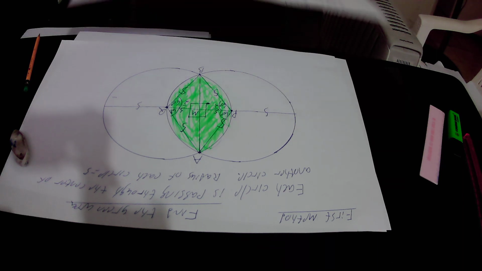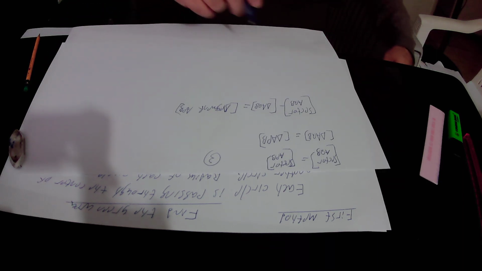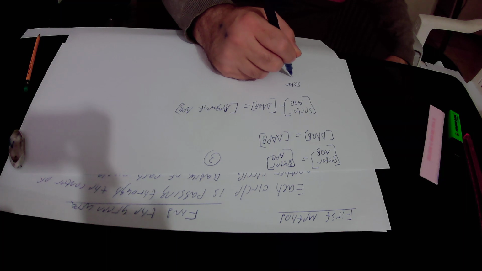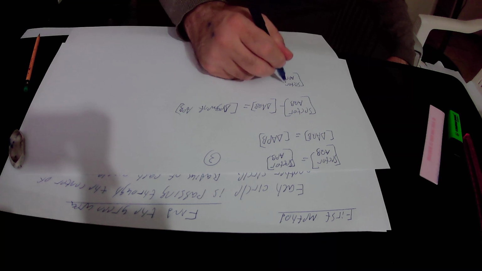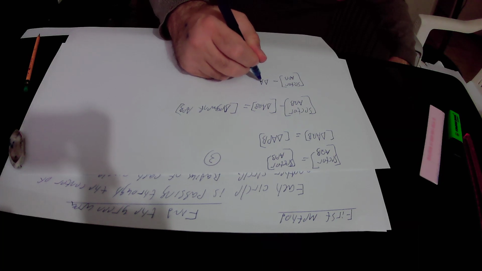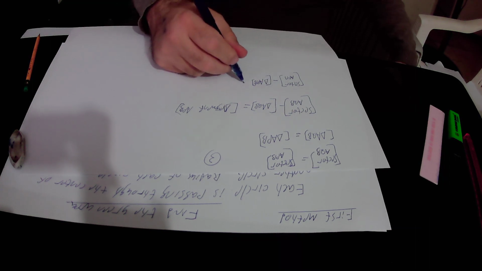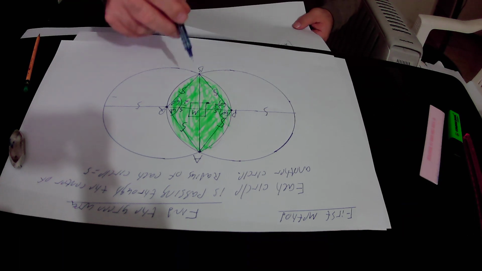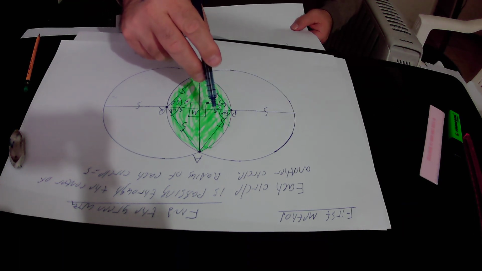Likewise, the area of sector APB minus the area of triangle APB will be equal, again, to the area of segment AQB.